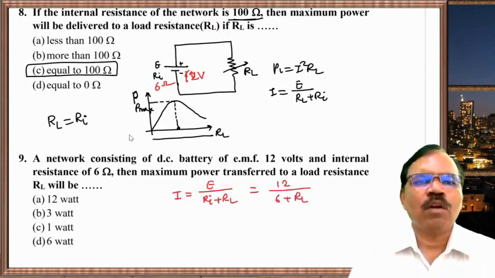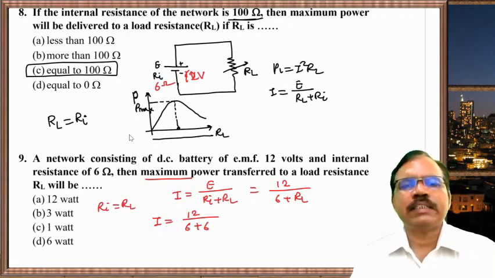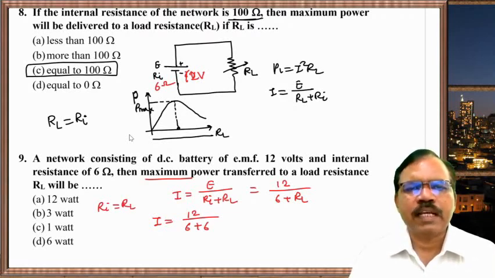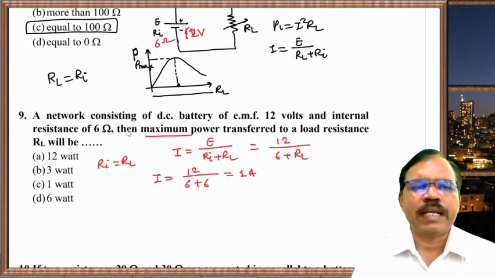Now we want maximum power. So we get here I is equal to 12 upon 6 plus 6, because Ri is equal to RL for maximum power. So we get this as 1 ampere. So what is power delivered? And that is maximum. So I square RL.